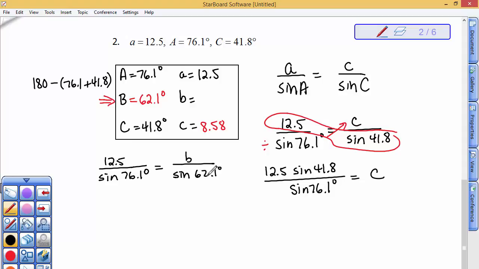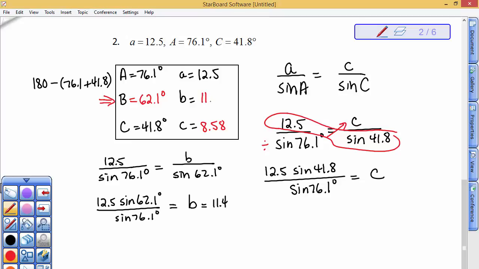And then again, you got to take this product right here, 12.5, times the sine of 62.1 degrees. And then you've got to divide it by the sine of 76.1 degrees. This is just algebra. I'm just setting the cross products equal. It lets me solve for b. And if you type this into your calculator, you should get side b is 11.4.